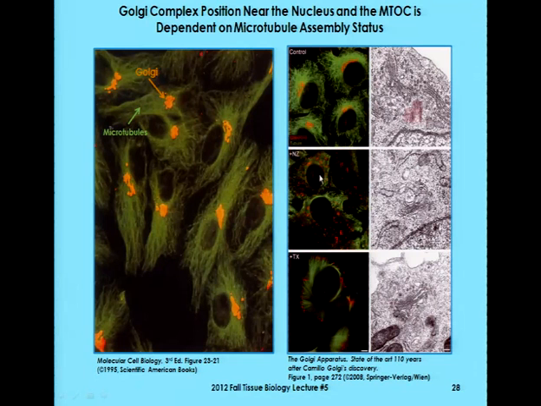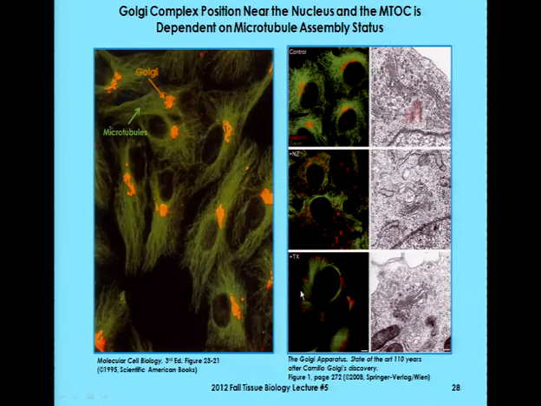When the microtubules are depolymerized, we find a diffuse localization of the tubulin throughout the cytoplasm, and the Golgi is spread out as dots throughout the cytoplasm at the immunofluorescent level.